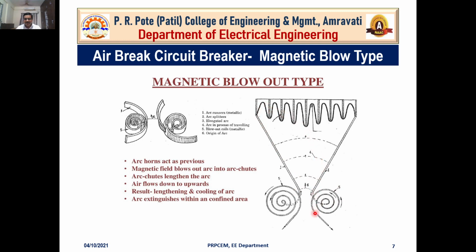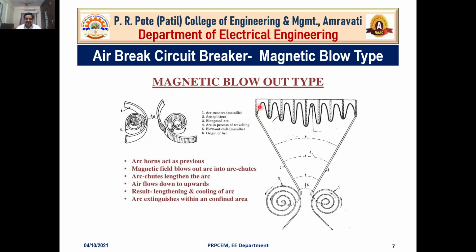Then the airflow is from down to upwards, which also helps to move that arc, and this way the arc enters the arc chute, into the arc splitters. There you can observe the lengthening of the arc and cooling of that arc in order to further extinguish it.